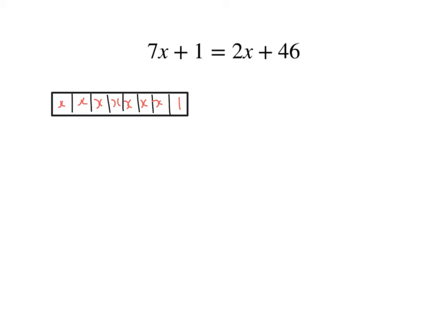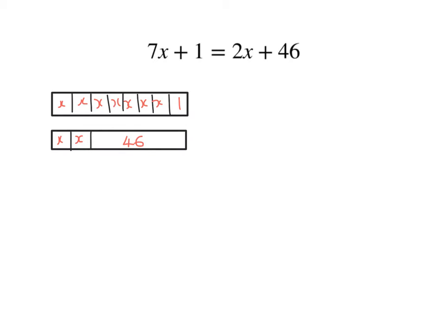So that's 7x add 1 is equal to, and I'm going to do a bar exactly the same size underneath. And it's going to be 2x, so I need to make sure these lines go exactly underneath as well. 2x plus 46. So all of this is 46.